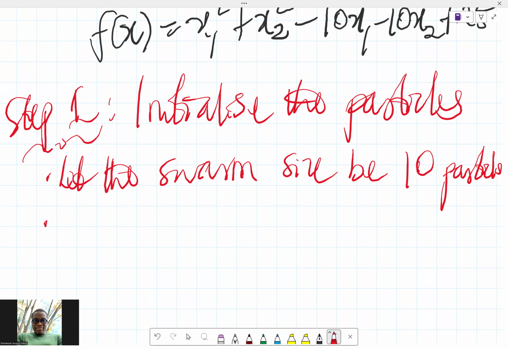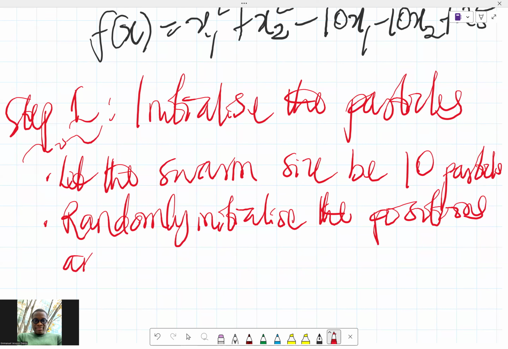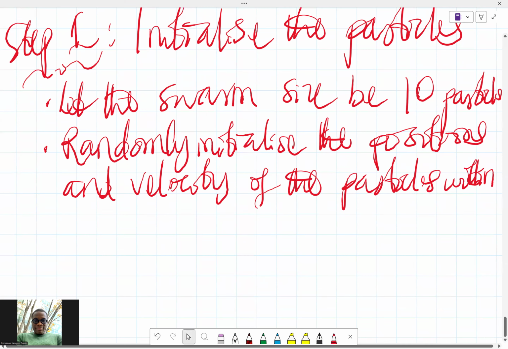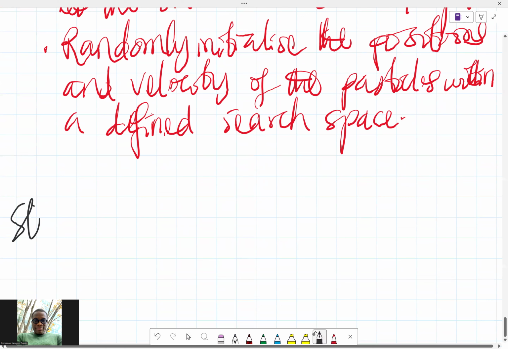Now we randomly initialize the positions and velocities of the particles within a defined search space.